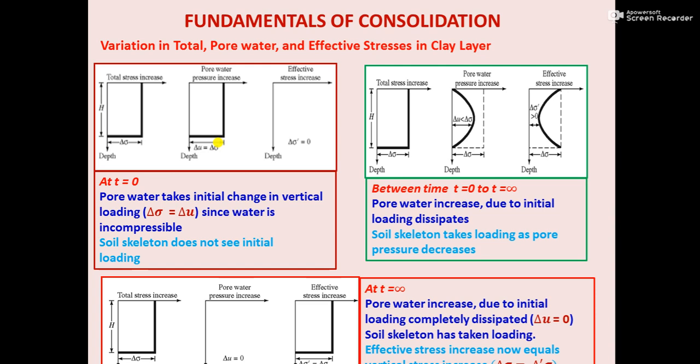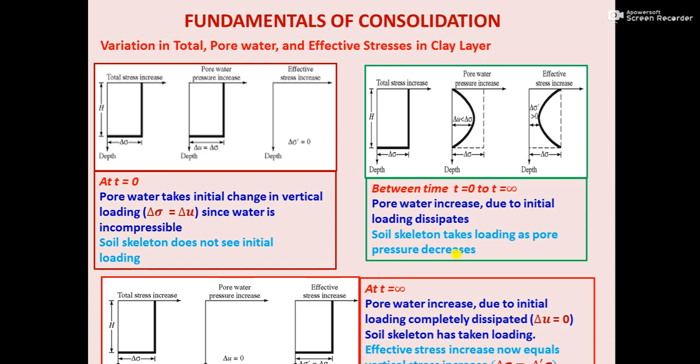So you see, this case will prevail. So between t is equal to 0 to t is equal to infinite, you will see that soil skeleton will start taking the load as pore water pressure decreases, because pore water pressure will decrease with the movement of the pore water from the soil.